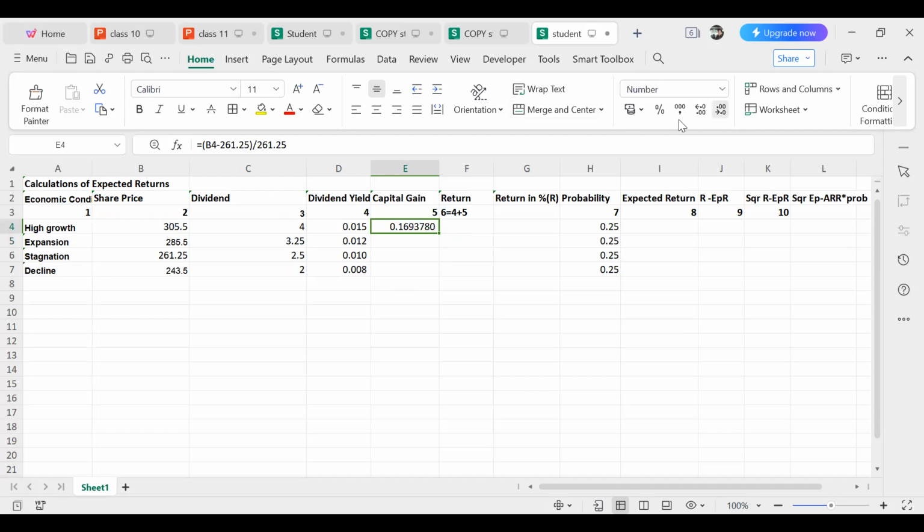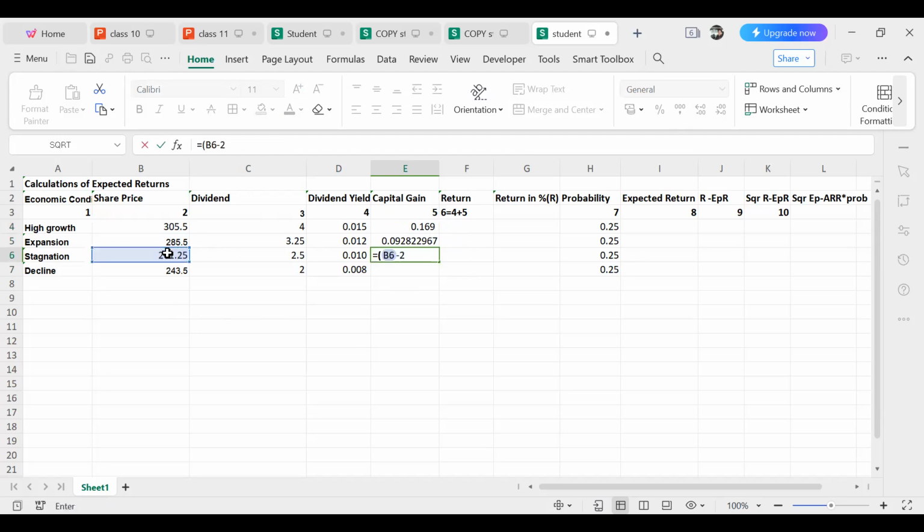You do the same for all the other scenarios, and lessen the decimals. For the next one, put a bracket, 285.5 minus the same 261.25, close your bracket, divided by 261.25. Same for the four scenarios, you go on calculating.